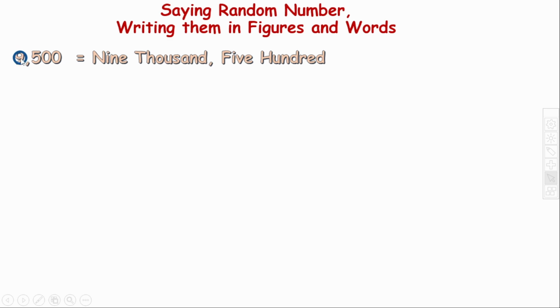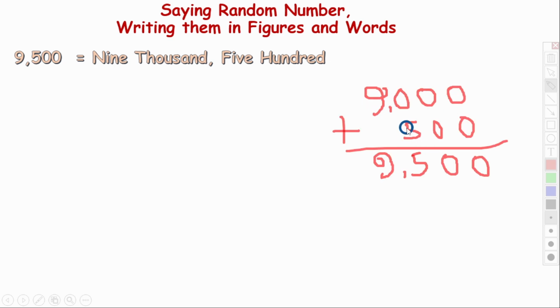So that means it's 9,500. Or you can think about it this way: you first write your 9,000, then you put your 500 underneath, you add it together, it becomes 9,500. That's exactly how this number was formed. When you get accustomed to writing it correctly, you won't need to write this down. You just write it like that: 9,500.